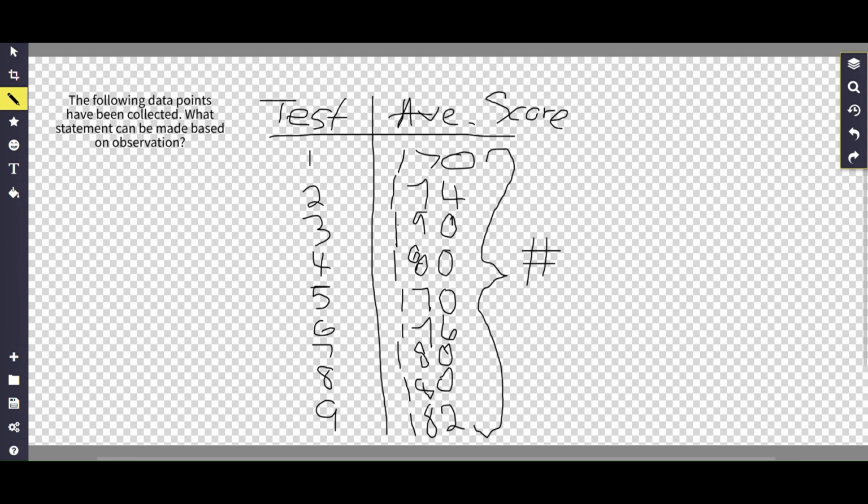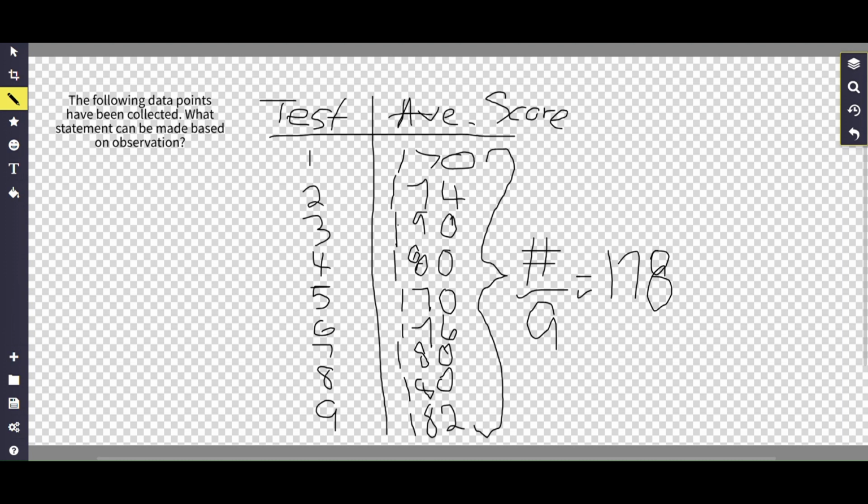Then to find that mean, we divide by how many numbers there are in total. On the left-hand side, you can see that there are 9 tests being totaled here. So taking the large number and dividing it by 9, you should get a number that is representative of 178.